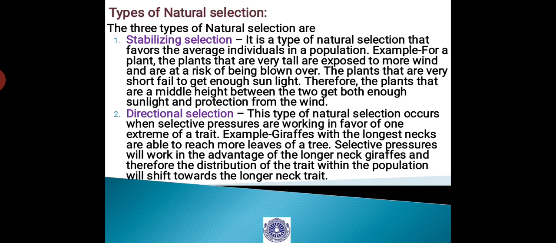Whereas the second type is directional selection, and this type of natural selection occurs when selective pressures are working in favor of one extreme of a trait. For example, giraffes with the longest necks are able to reach more leaves of a tree, and selective pressures will work in the advantage of the longer neck giraffes, and therefore the distribution of the trait within the population will shift towards the longer neck trait.